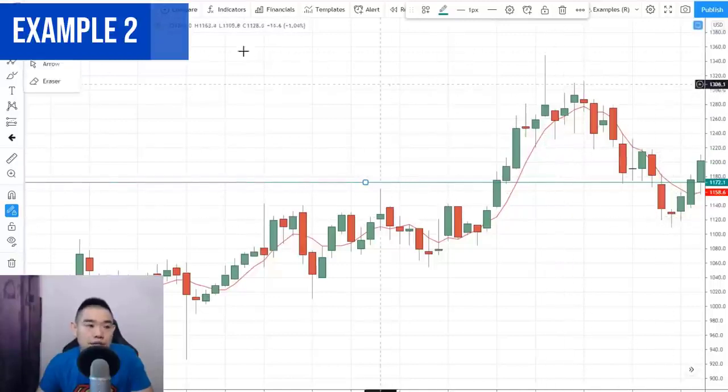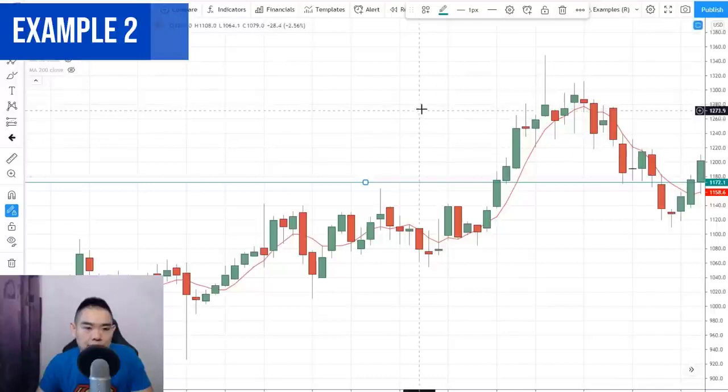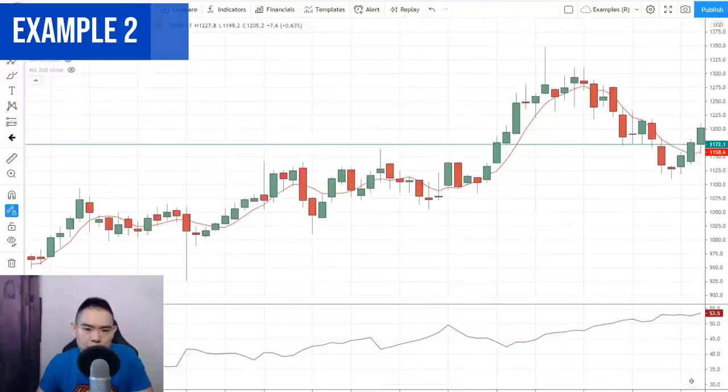So find out what is the ATR value. At this point, it's about 53. Okay, let's say on this candle here, the ATR value is about 53.5. Find out what is this low. The low price over here, it's 1110. So quite simple.